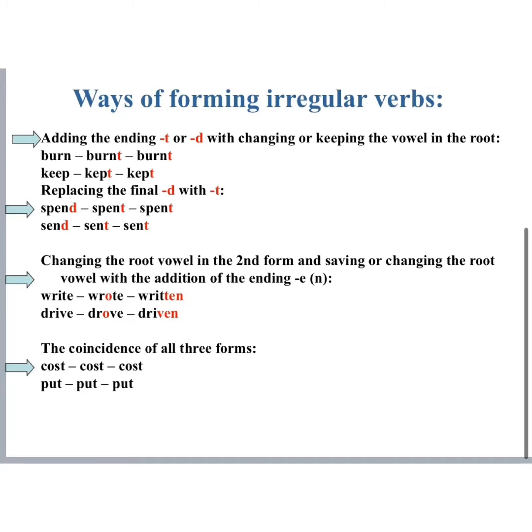Write, wrote, written; drive, drove, driven. And the last rule is the coincidence of all three forms: cost, cost, cost; put, put, put. These are the rules of forming irregular verbs. If you want to know irregular verbs very well, you should learn them by heart.